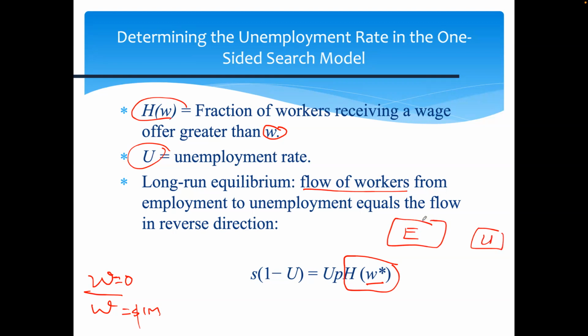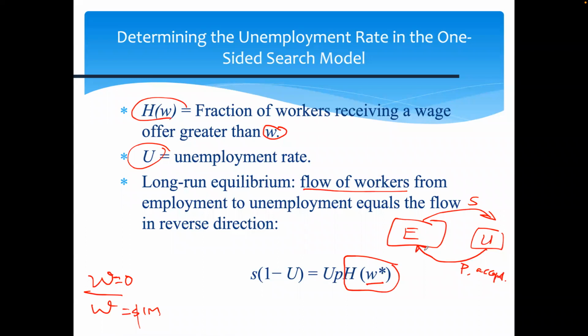Each period, some employed are going to separate and move to unemployed, a fraction S. And then you also have unemployed workers receiving a job offer, but not everyone is going to accept. Some of them are going to accept and move to employed. So you can see there's a constant flow from E to U and U to E.